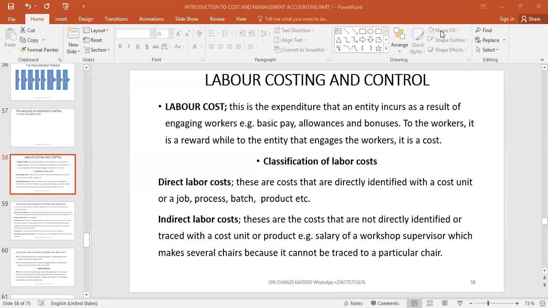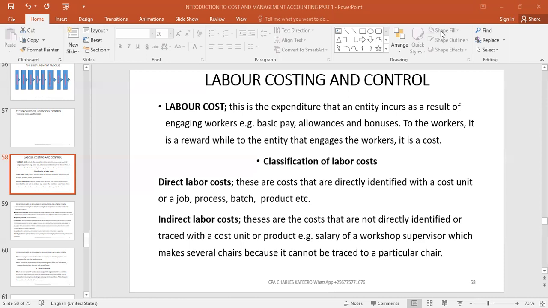So when they ask you for the definition of labor, don't again give a definition for labor cost. And when they also ask for the labor cost, don't again provide a definition for labor. When we are talking about labor cost, we are talking about the expenditure or the cost we are incurring.